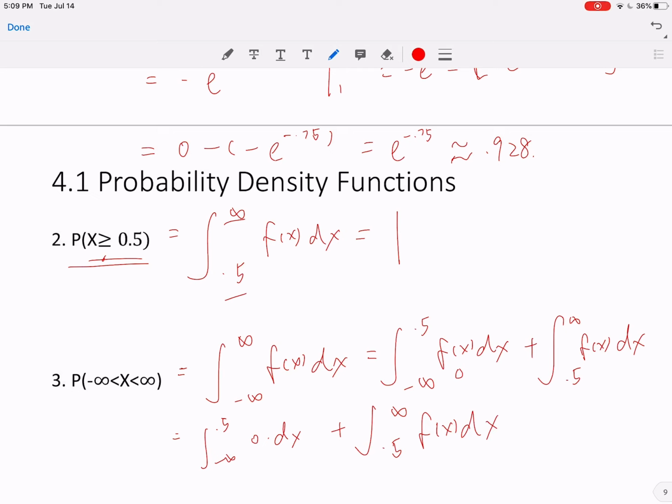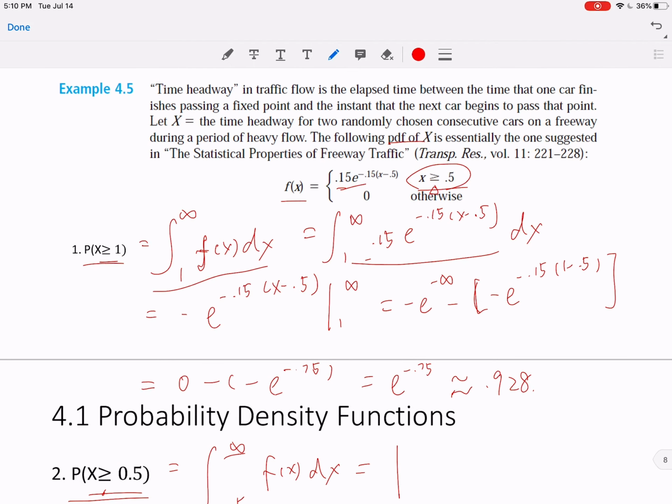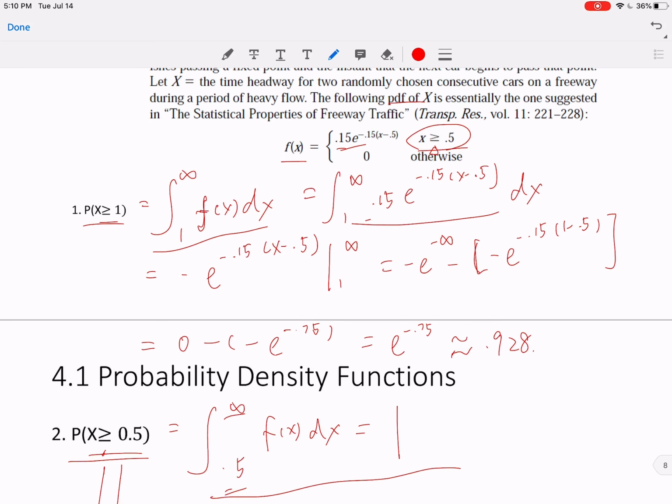The first part is equal to 0, since the integration of 0 is 0, so we have 0 plus the integral from 0.5 to infinity of f of x dx, which is exactly what we got above. So this is equal to 1. In other words, the probability that x is between negative infinity and positive infinity is the same as x being greater than or equal to 0.5, because the possible values of x have to be greater than or equal to 0.5.